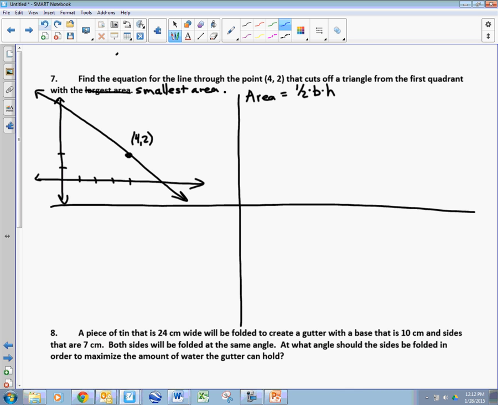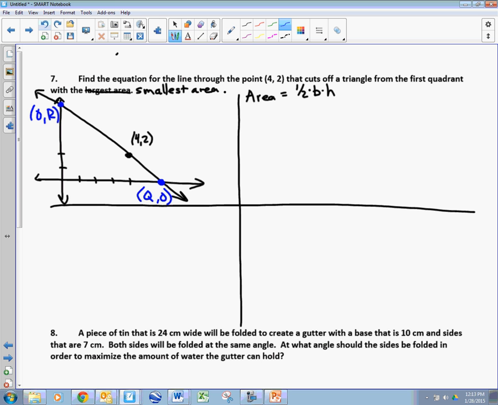So I don't confuse x and y, I'm going to choose other variables. I'm going to have that have a coordinate of q, 0, and I'll have this one have a coordinate of 0, r. What do you think?